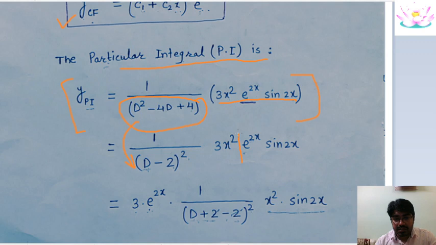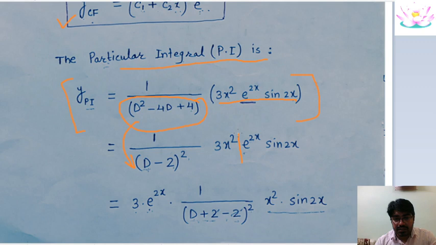Now, my concern is this e with power 2x. We know when these kind of terms are given, then D will be replaced by D plus a.